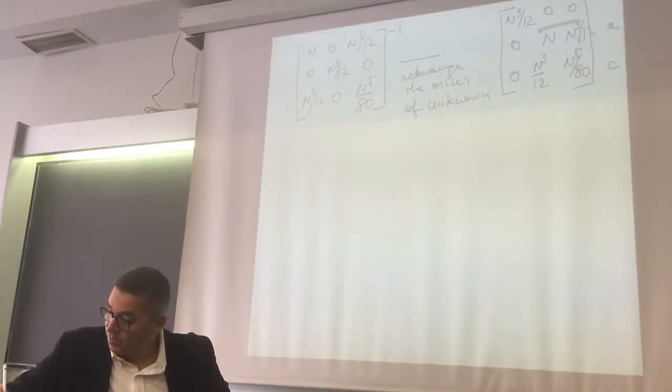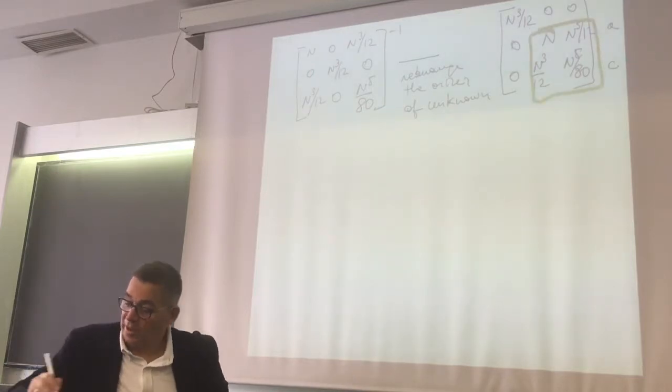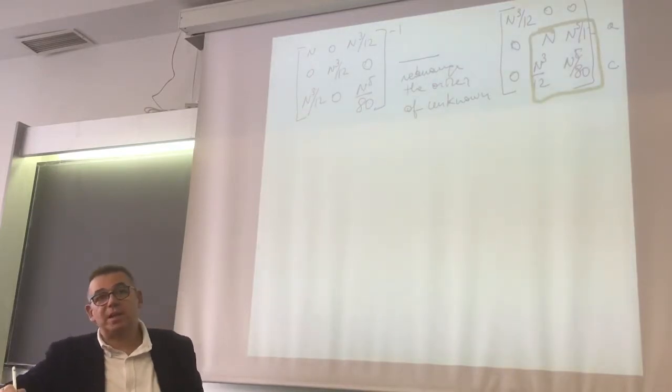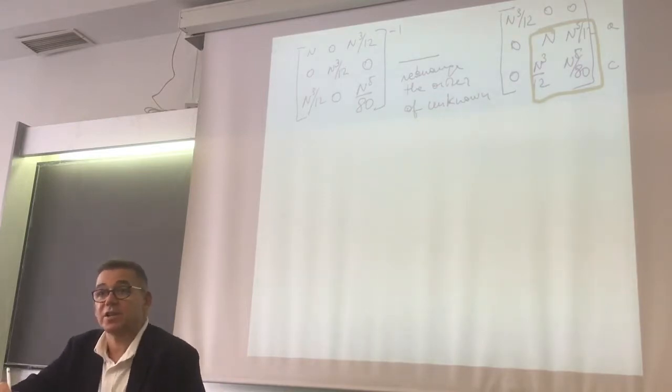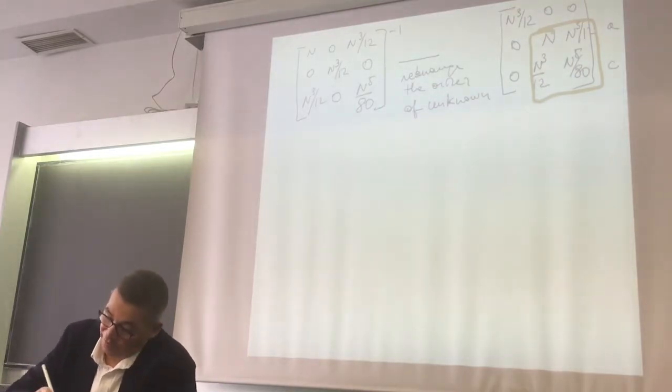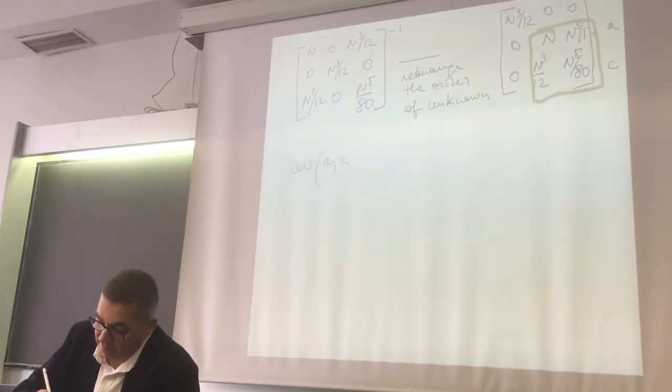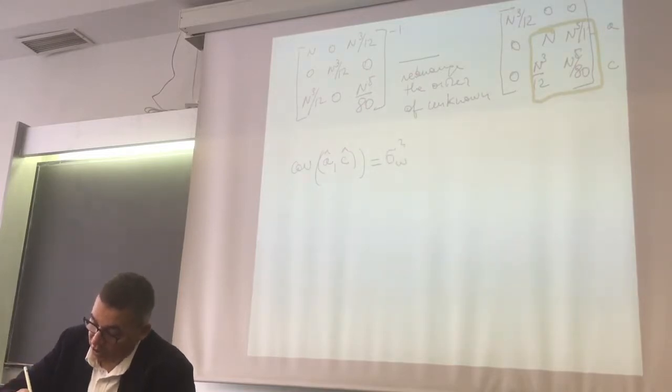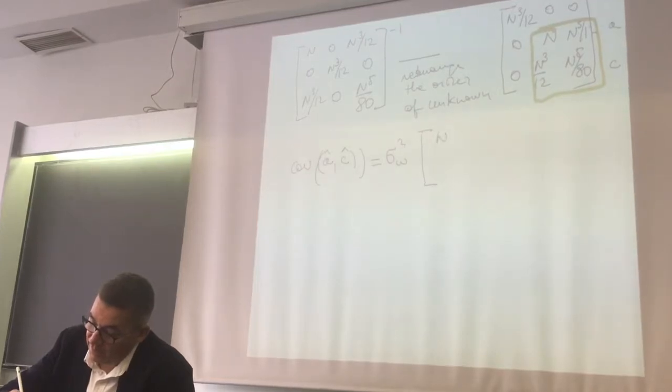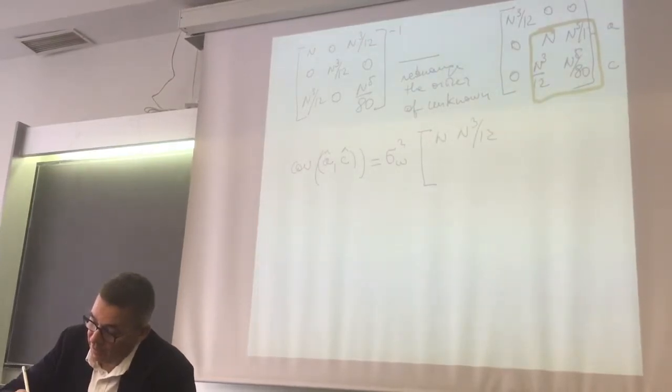From this block partition structure, when I need to calculate the inverse, it's enough that I calculate the inverse of this block. So, if I need to calculate the covariance of A and C, this is equal to sigma squared W times the inverse of n cubic divided by 12, n cubic divided by 12, and then n to the fifth divided by 80.